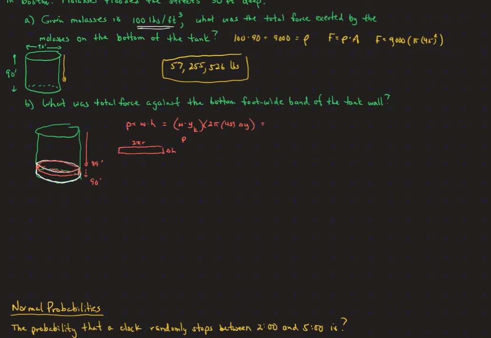So we have our weight density, which we said was 100, and times that y sub k, that's going to be that fluid pressure, and that's going to be times that little, so this is like our pressure and this is our delta area, and our delta area is going to be 90 pi, and then we're going to have a little delta y as our thickness.